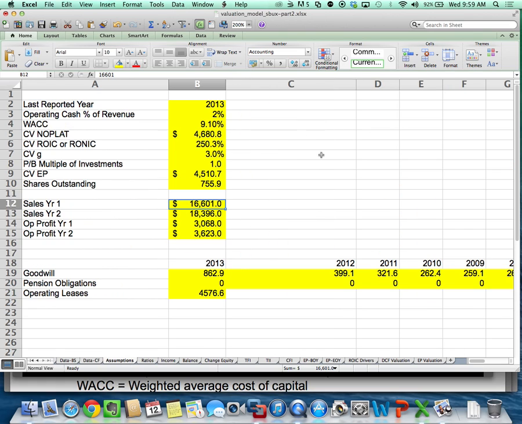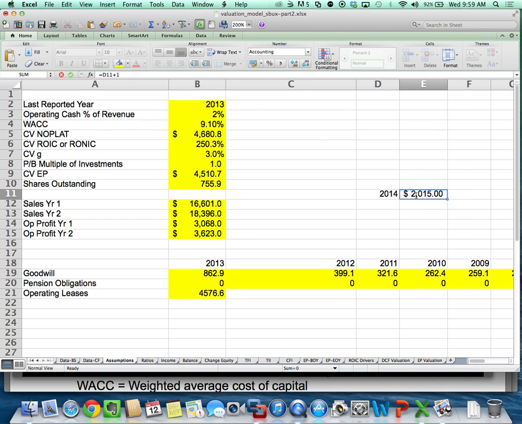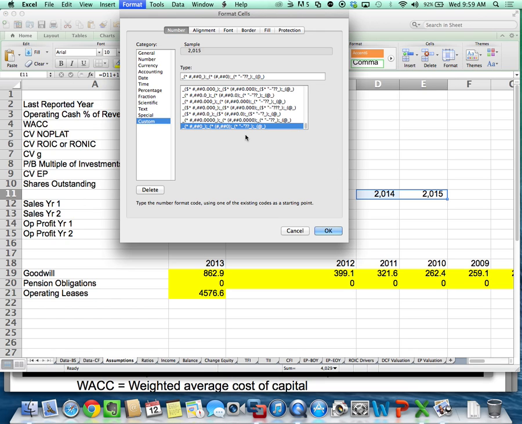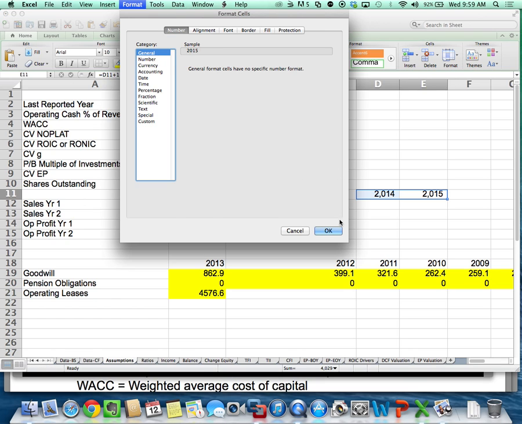So here's the idea. In the model for forward year 1, which is 2013 plus 1 plus 1, undo the formatting. Format cells, general.